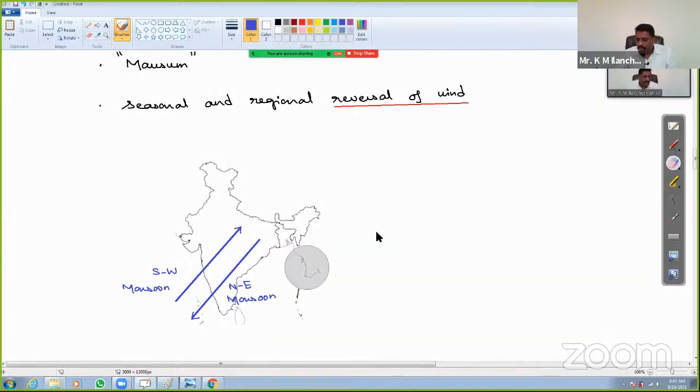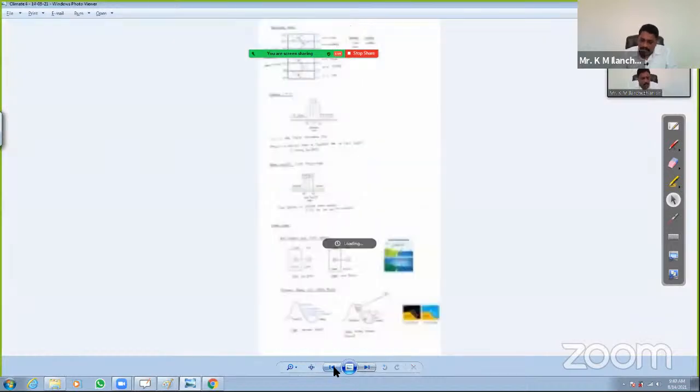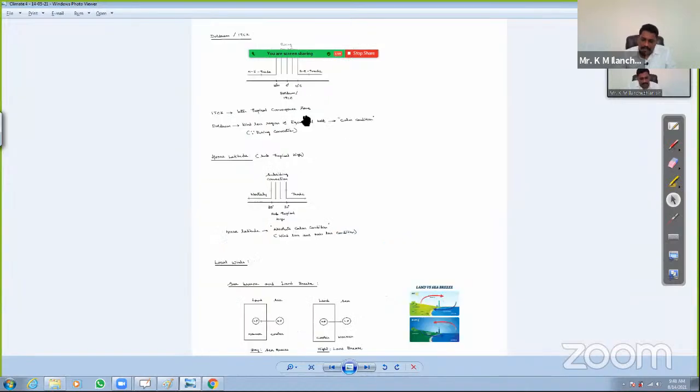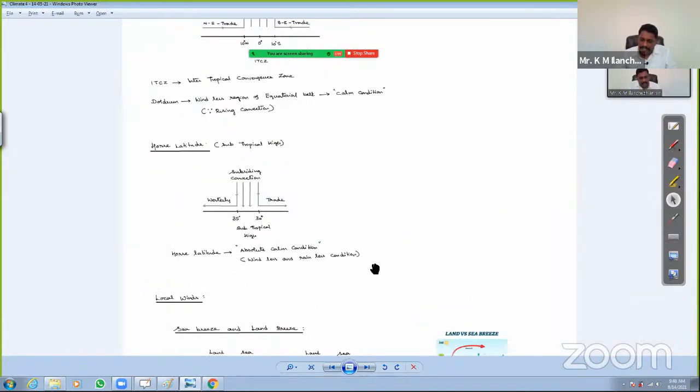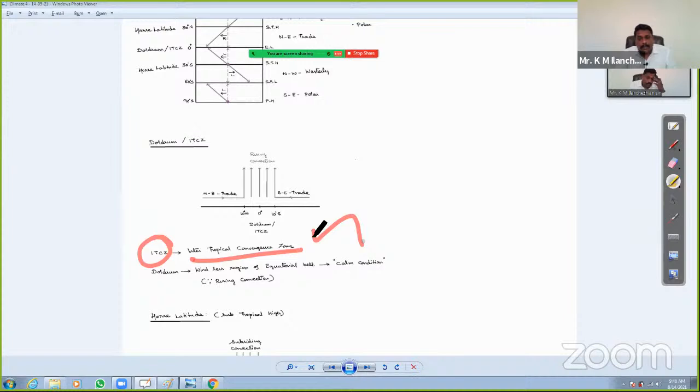This ITCZ is otherwise called the equatorial low, my friend. If you remember one of the classes we took, I was just talking about this ITCZ. This ITCZ is nothing but the InterTropical Convergence, the place where two tropical winds converge with each other.